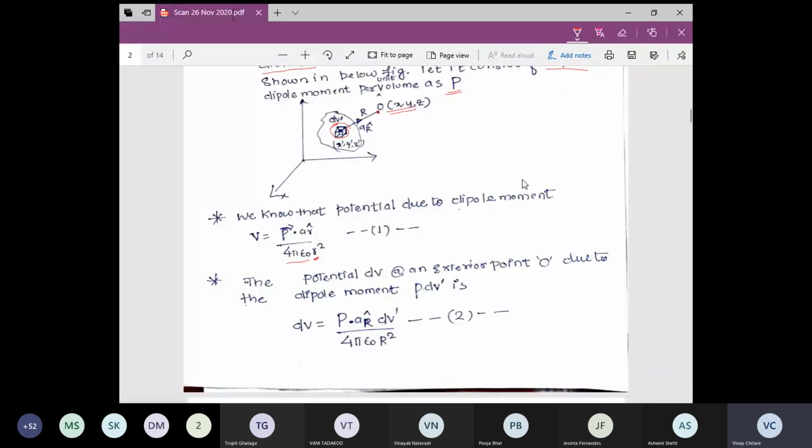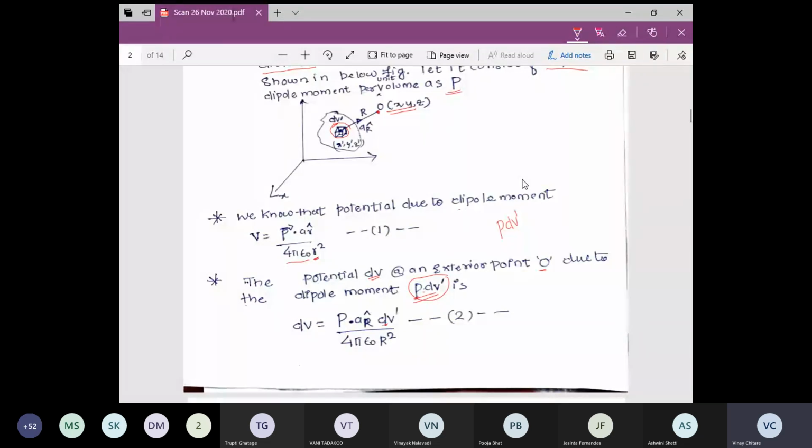The potential dV at an external point O due to a dipole moment P dV prime is given by P dV prime dot a_R hat.